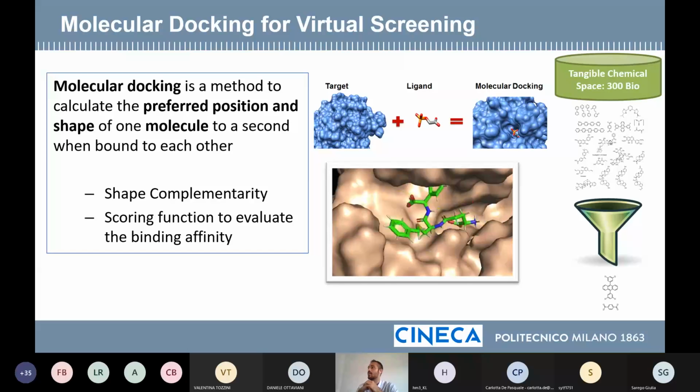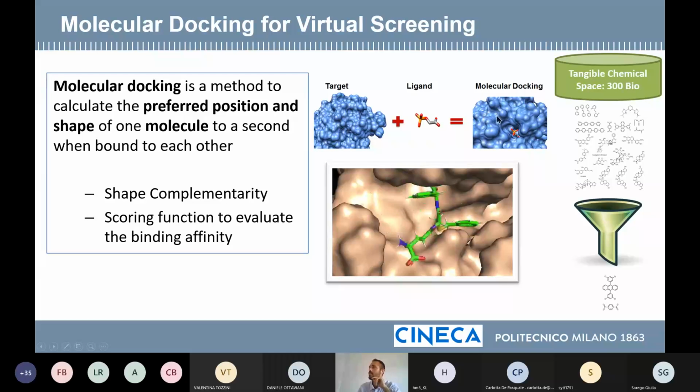What you usually do is consider shape complementarity, so the shape of your ligand or molecule, which represents, for example, the medicine, the drug that you want to find that inactivates some part of the virus.